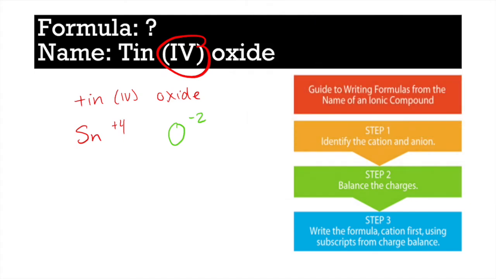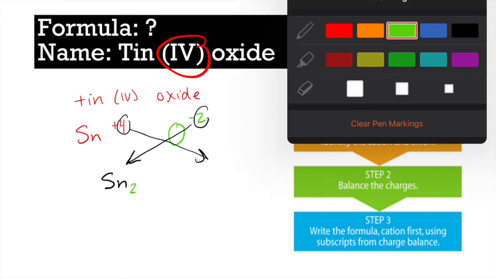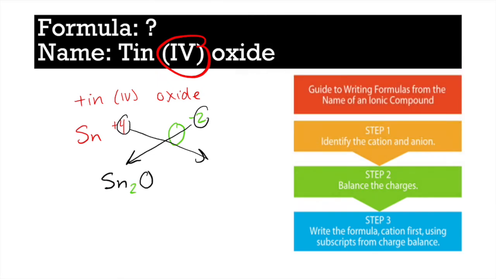So again, what you're going to do is crisscross and take those numbers only. So you get Sn with that 2 from oxygen. You get O with that 4 from tin. Now, you have to simplify that compound because both of them are divisible by 2. When you simplify, you get SnO2, and that is your compound.